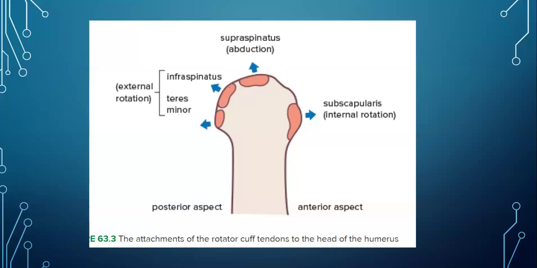If you look over here, these are the 4 muscles or tendons that mainly stabilize our shoulder. We have the supraspinatus, which helps with abduction; infraspinatus and teres minor, which help with external rotation; and subscapularis, which does internal rotation. It's better to see a picture which actually explains everything.